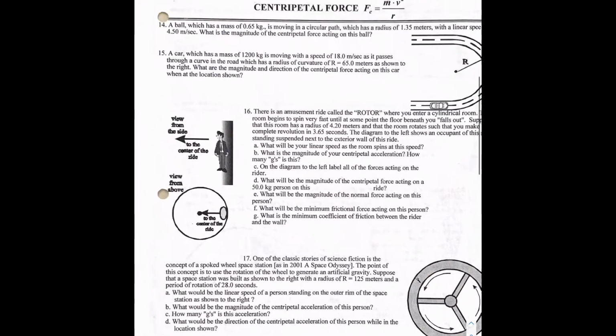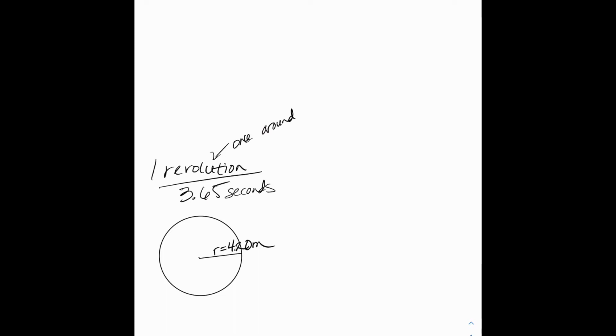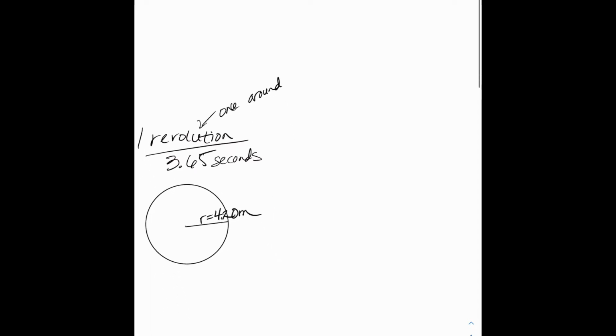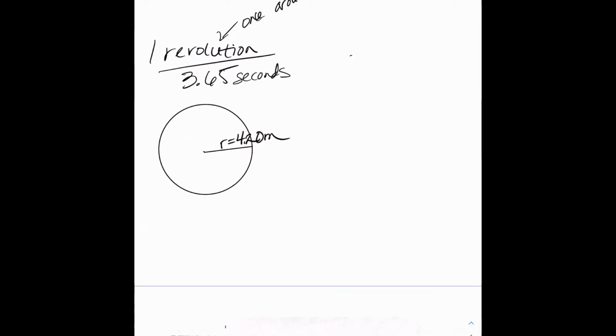All right, so linear just means it's not rotational speed, right? Like something maybe in radians per second. So linear is just our normal speed that we like to calculate. And if we were to calculate that, we could say that velocity is equal to distance over time.